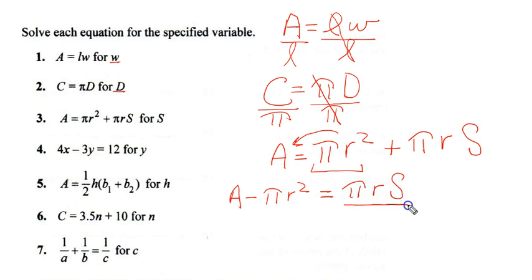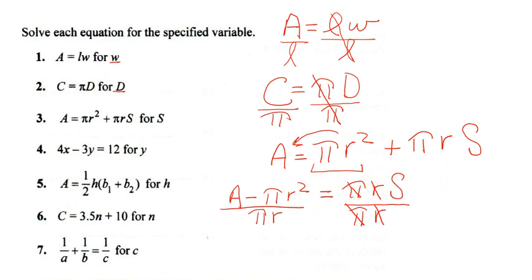Now we're going to divide both sides by those factors that we don't want in this term, which is pi r, and then a big division line, pi r, on this side. So here the pi's cancel out, become a 1. This becomes a 1. So now we're left with s equals this.